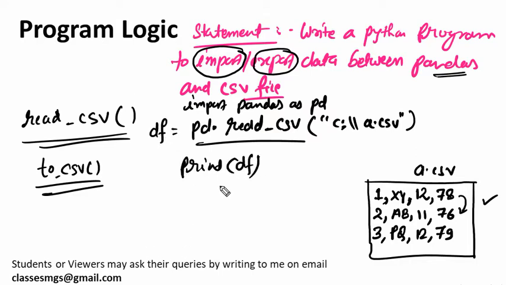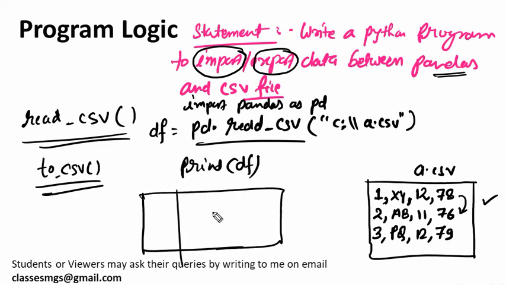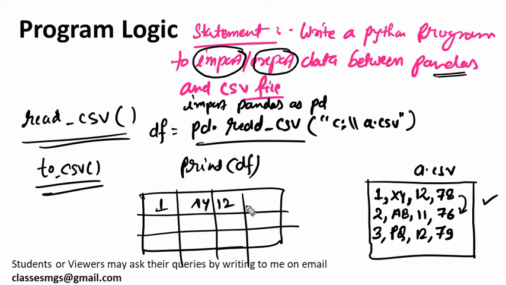Then you will automatically be able to see the entries of the CSV file in a data frame like this. Let's suppose there are 4 columns, so it will have 3 rows and 4 columns: 1, XY, 12 and 78; then 2, AB, 11 and 76; and 3, PQ, 12 and 79 would be the data in this data frame, and this will be the header.